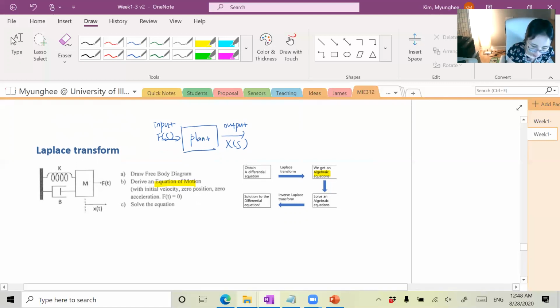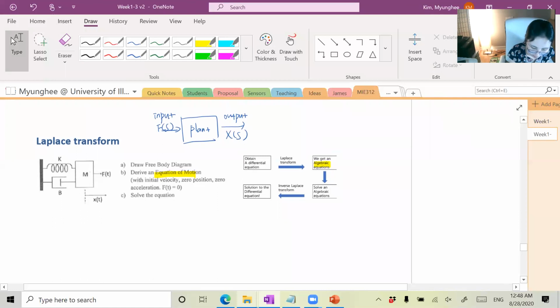So let's get an equation of motion first using a free body diagram. There's a mass and F, and then there's a force due to the spring, and the force due to the damper. So this is a free body diagram.